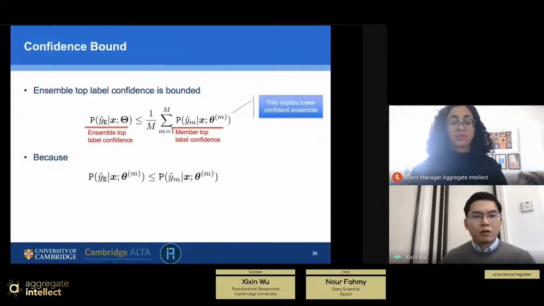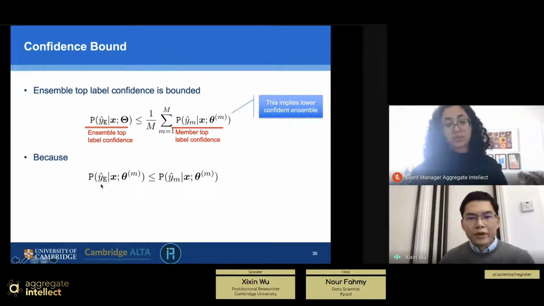We can find that the ensemble has a confidence bound: the ensemble top-label confidence, that is the predictive probability of the ensemble, is always less than or equal to the mean of the members' predicted probability.